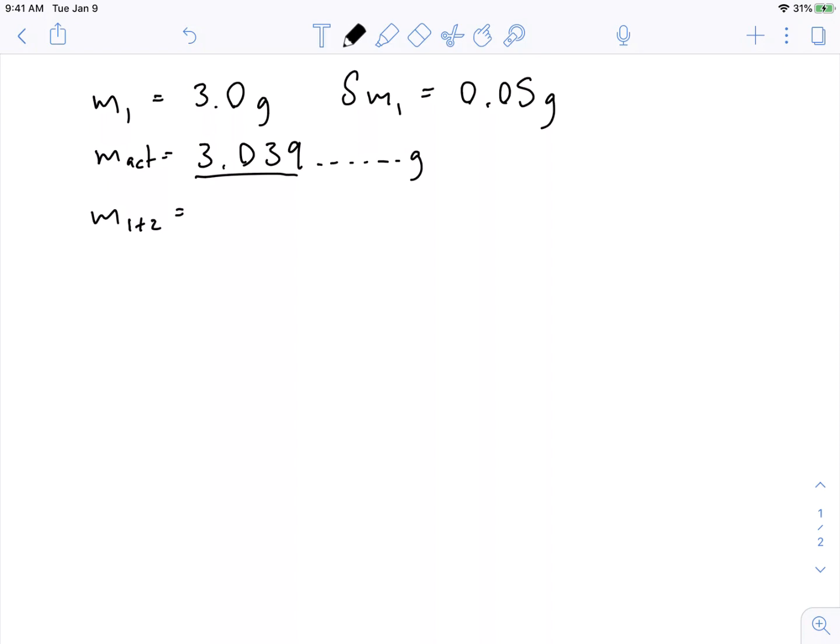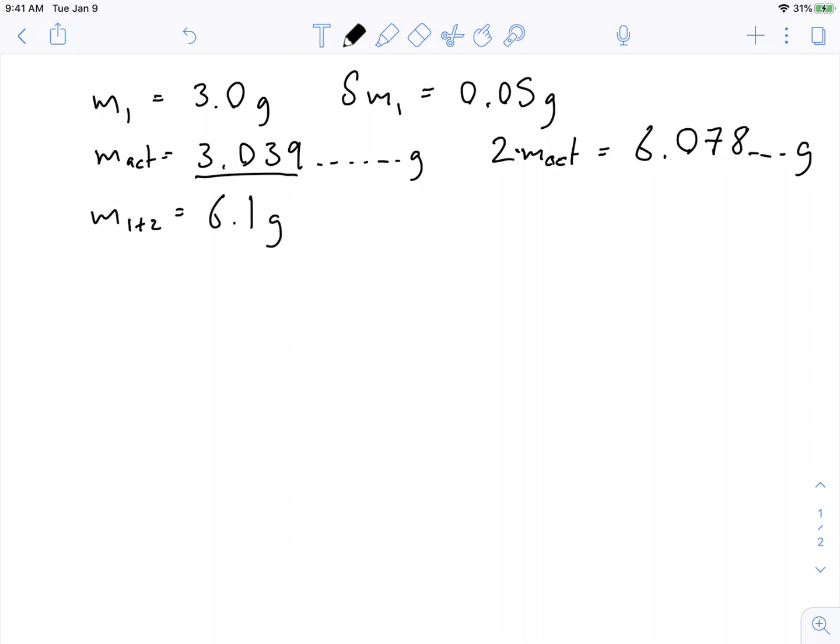Well, if I add 2 of these together, what does this give? 2 times the actual mass is equal to 6.078, plus some more, grams. On my scale, I now read 6.1 grams.